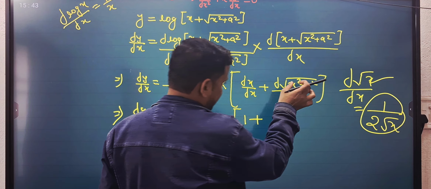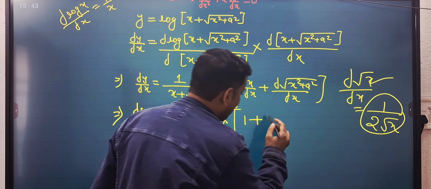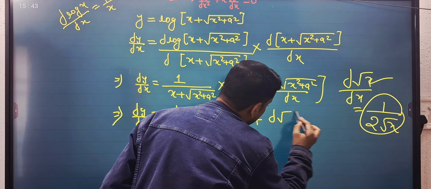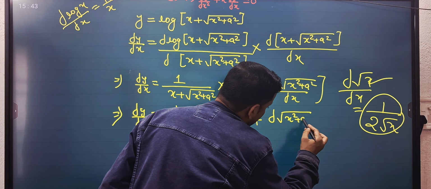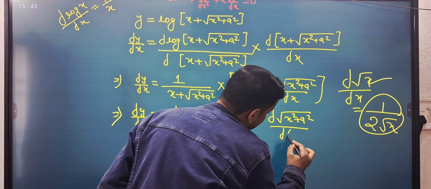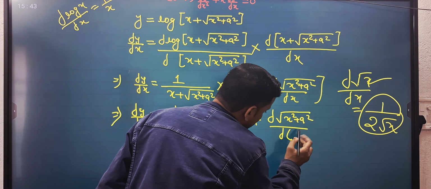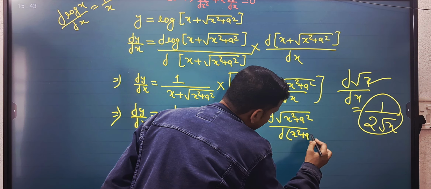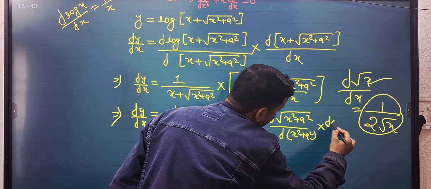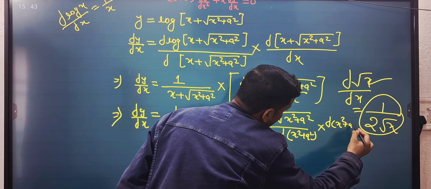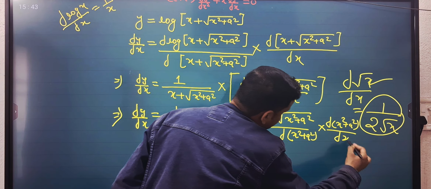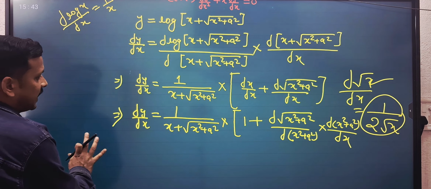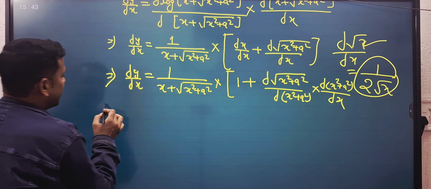Instead of x, here is x square plus a square. So by the chain rule, you can write 1 by 2 root under x square plus a square, and again you have to differentiate x square plus a square by dx. I think you understood very well.